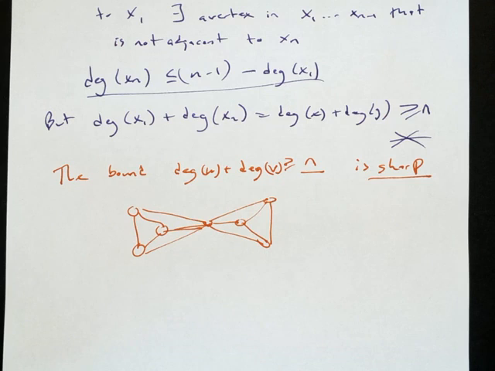Let me phrase this differently. What's a condition I can put on every single vertex, so that I can then conclude the sum will always be bigger than or equal to n for any two non-adjacent vertices?